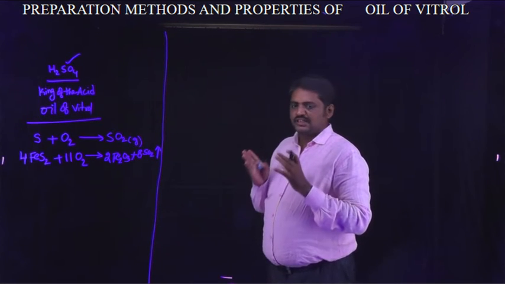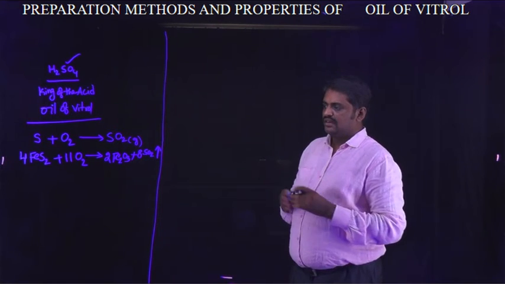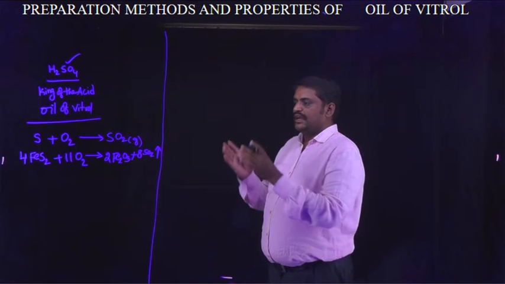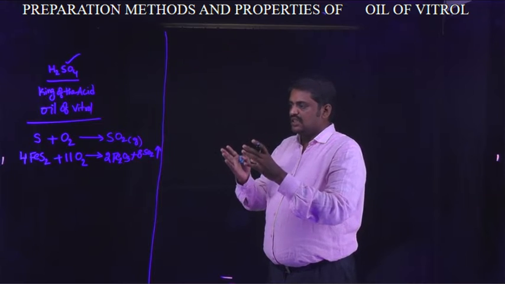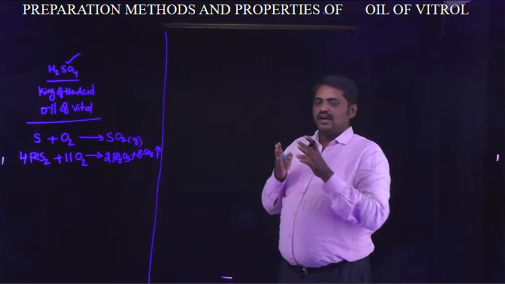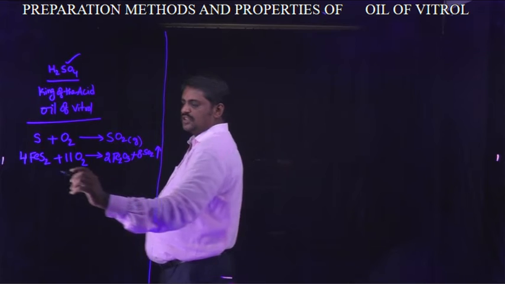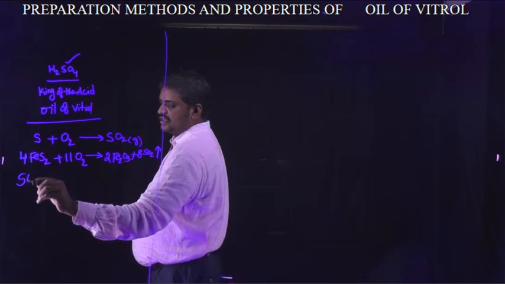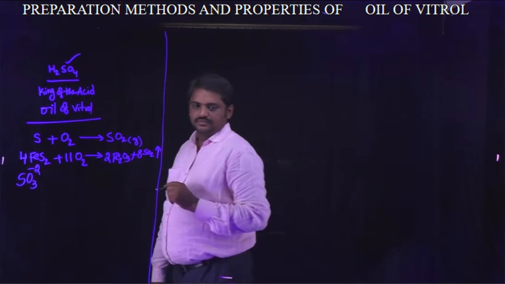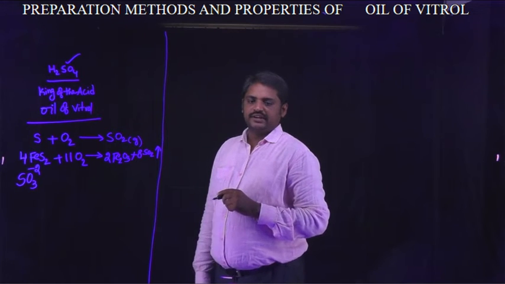Sulfur dioxide gas can be prepared by using different methods. Simple method: sulfur reacts with oxygen to produce sulfur dioxide. And iron sulfide reacts with oxygen in the ratio of 4:11 to produce hematite and sulfur dioxide. And a final preparation method, which is also very simple: sulfite ion, indicated as SO3 2-.